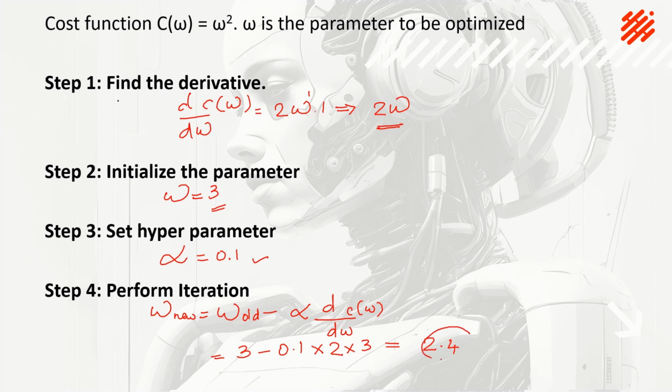So this 2.4 is the result of the first iteration.